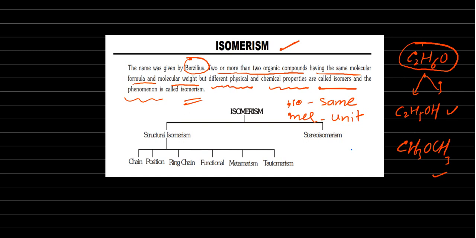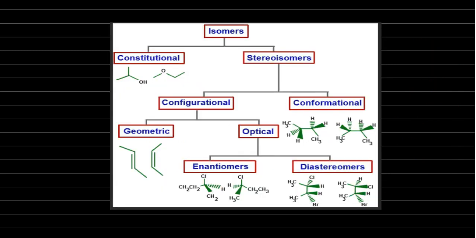So this phenomenon, same molecular formula but different chemical and physical properties, is known as isomerism, right? In the classification of isomerism, isomers are mainly of two types: constitutional and stereoisomers. Constitutional has another name, structural. Then stereoisomerism.